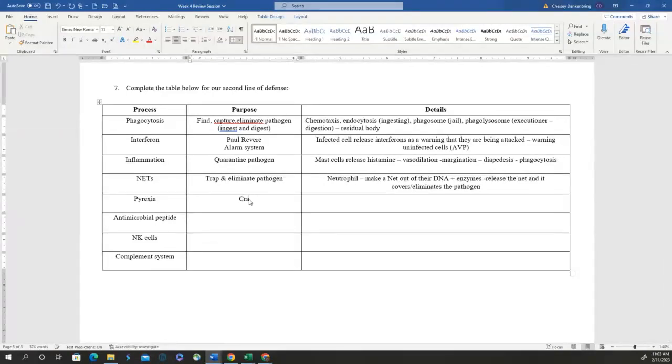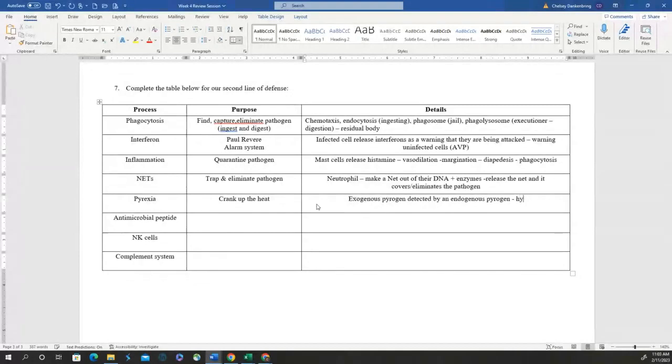All right, so pyrexia, we're cranking up the heat, right, to try to kill or eliminate the pathogen. Some key words with pyrexia: remember, an exogenous pyrogen is going to be detected by an endogenous pyrogen.